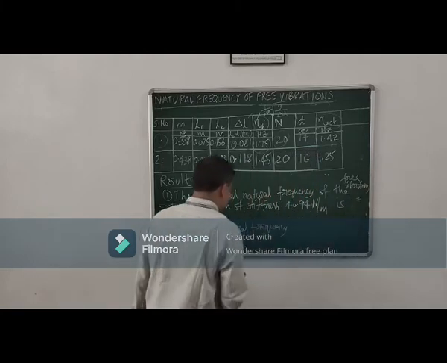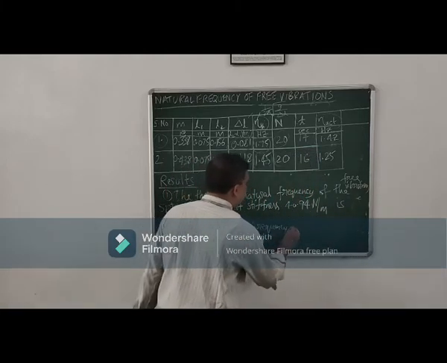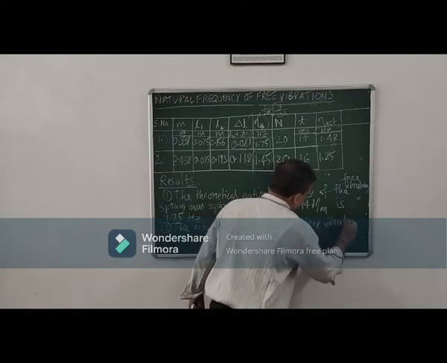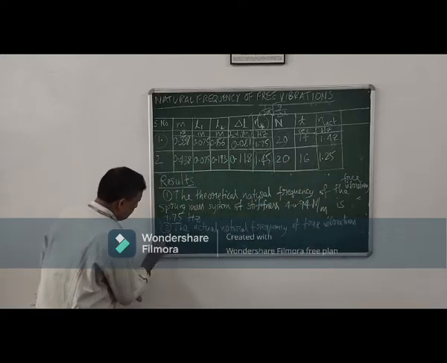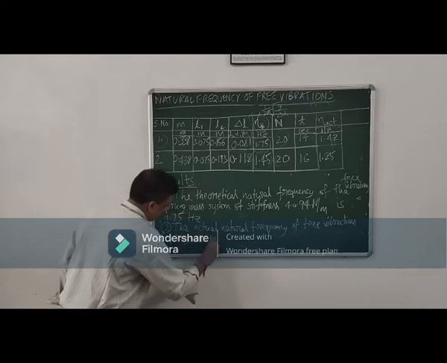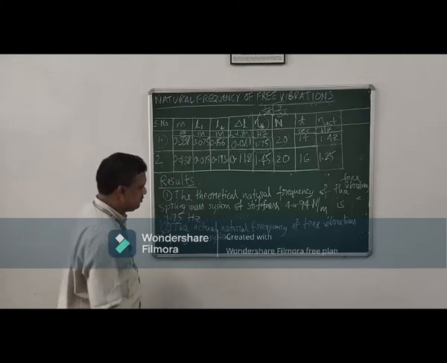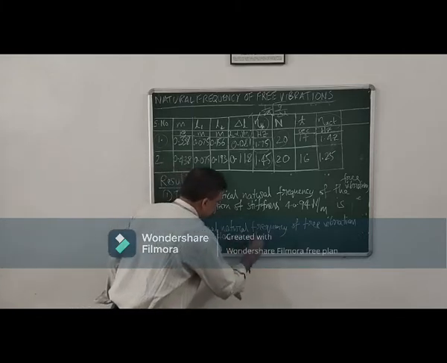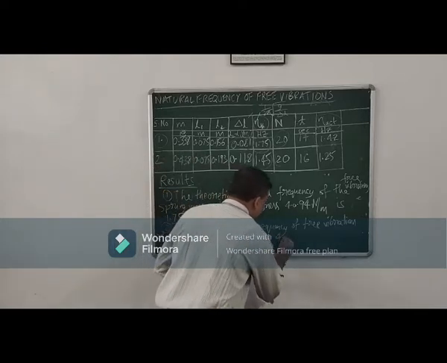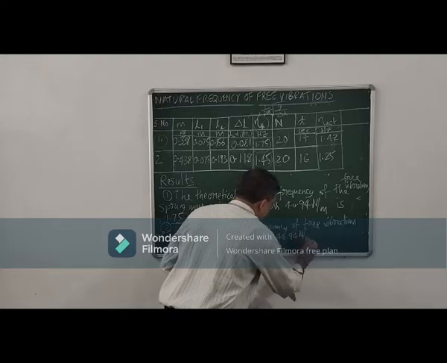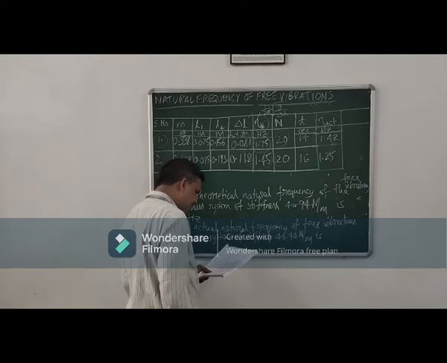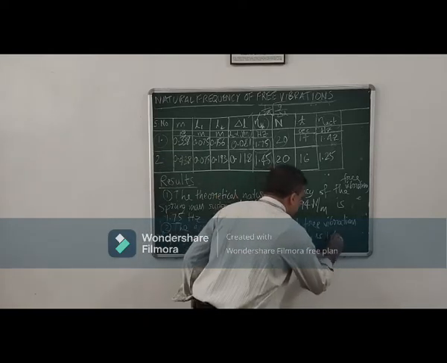Okay, so the actual natural frequency of free vibrations of the spring mass system of stiffness 40.94 Newton per meter is 1.42 hertz.